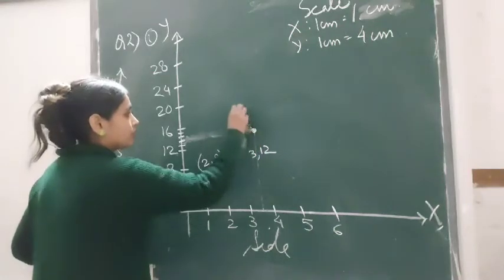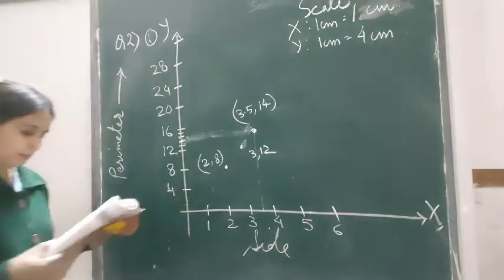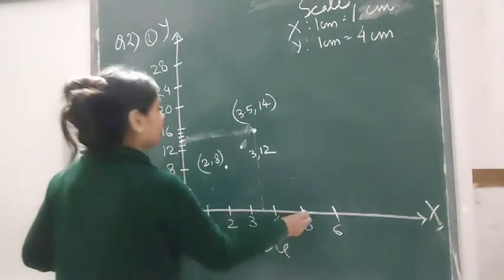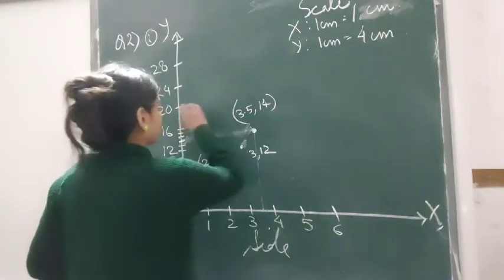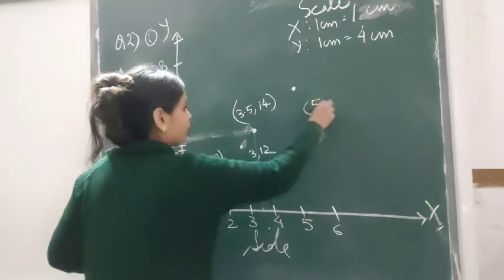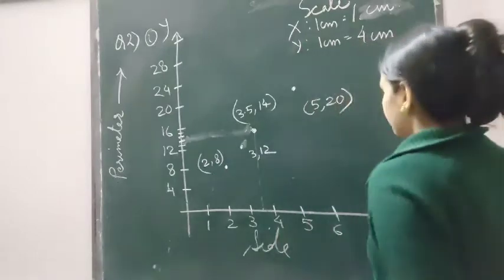So this is 3.5, 14. Then 5, 20. This is 5 and this is 20. Then 6, 24.